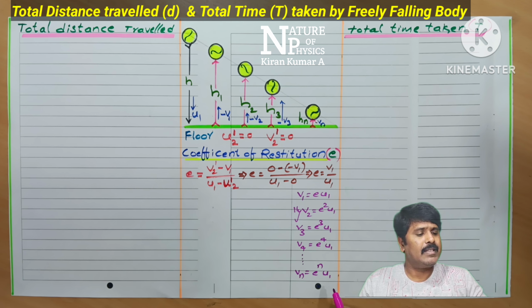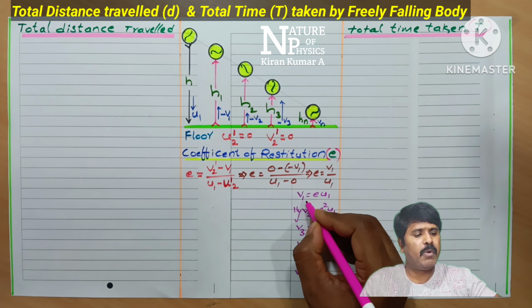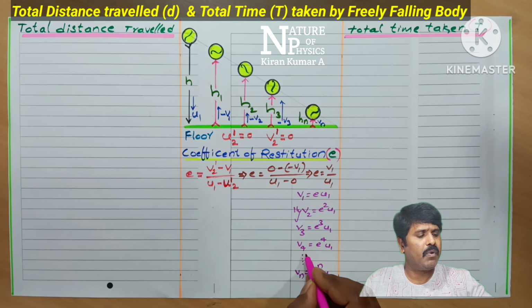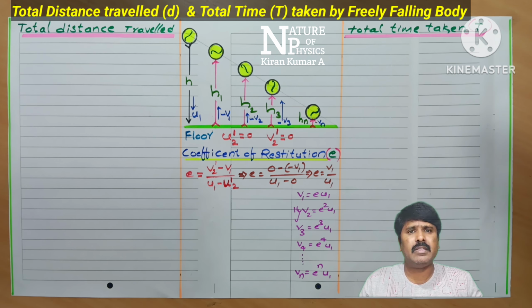This is the velocity: the first rebound's velocity in the upward direction after collision, then v2 for the second rebound, v3, v4, and so on up to the nth rebound's velocity, the final velocity of the ball after the collision.